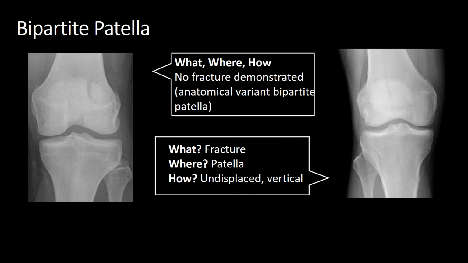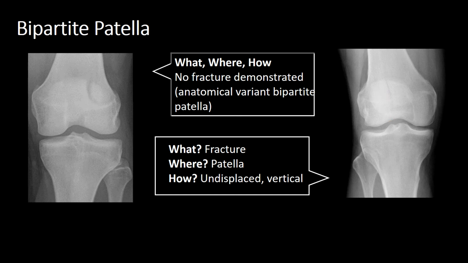So on the left we have our bipartite patella. There are well corticated margins, it's smooth, it's round in appearance. Let's compare it with an undisplaced vertical fracture through the patella.